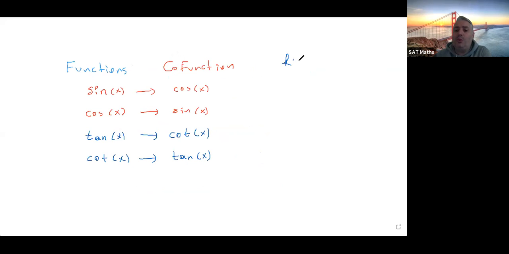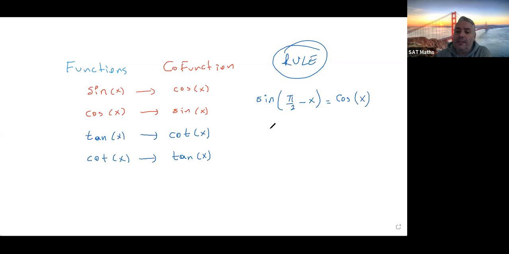We have one rule. The rule says this. Sine of 90 degrees minus x is equal to its cofunction, which is cosine of x.